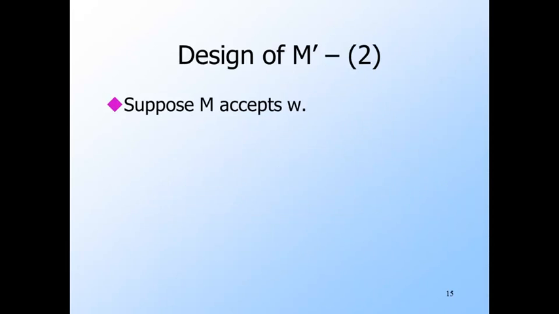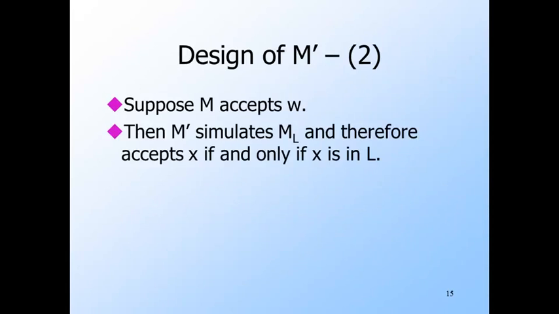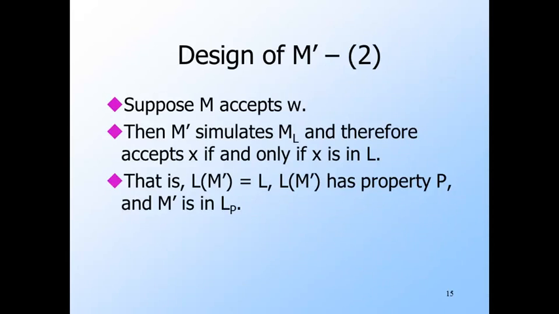So to summarize what we know about M prime, first, suppose M accepts W. Then M prime simulates M sub L on X and accepts X if and only if X is in L. That is, if M accepts W, then the language of M prime is L. We know L has property P, so M prime is in LP.